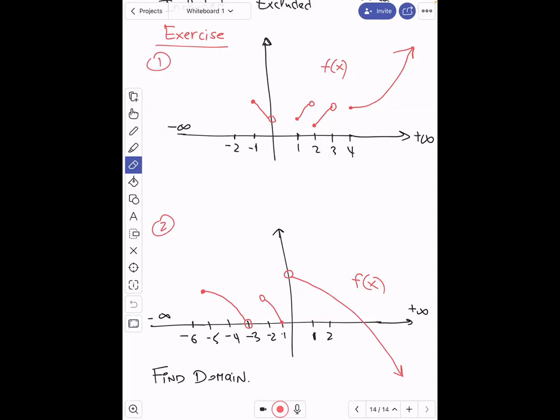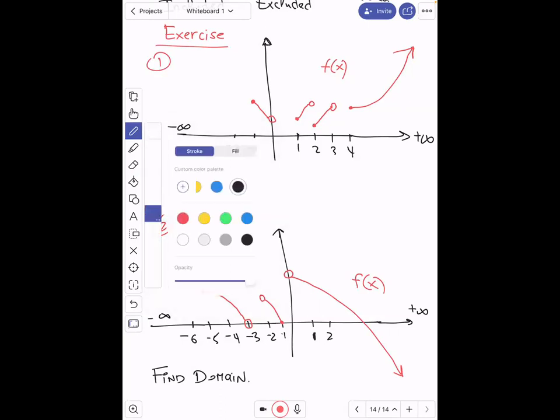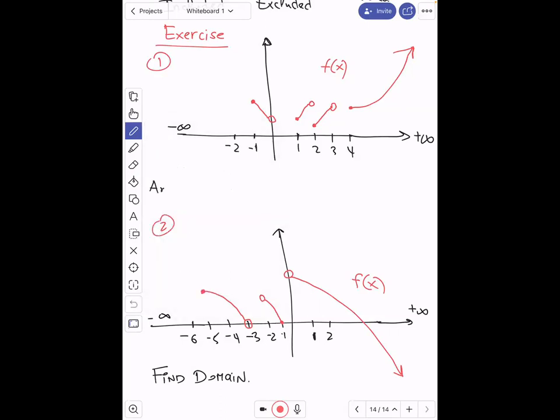Okay, so for number one, we want to find the domain. So let's go with our vertical lines. So the answer for number one. As usual, I'm going to go with my vertical lines. As you can see here, there's no intersection with the graph. So the first time I'm going to have intersection would be at -1 right here.